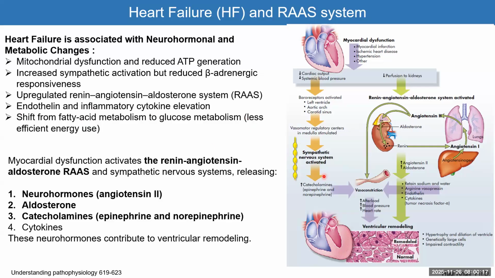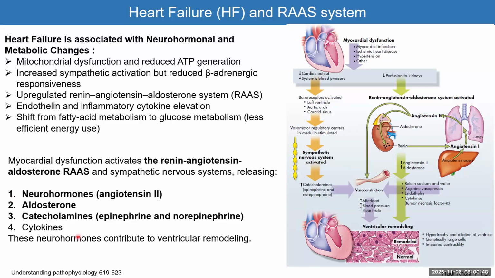Now, in this slide, I want to focus mainly on these three hormones: angiotensin 2, aldosterone, and the catecholamines, that are epinephrine and norepinephrine. And why I'm describing those for you, because these are the ones that we mostly try to change in order to recover the cardiac function and lower blood pressure.